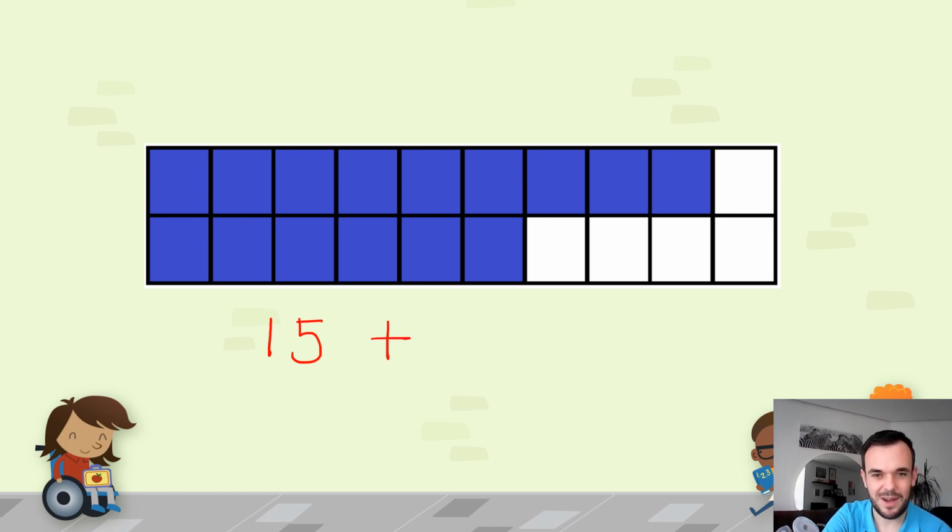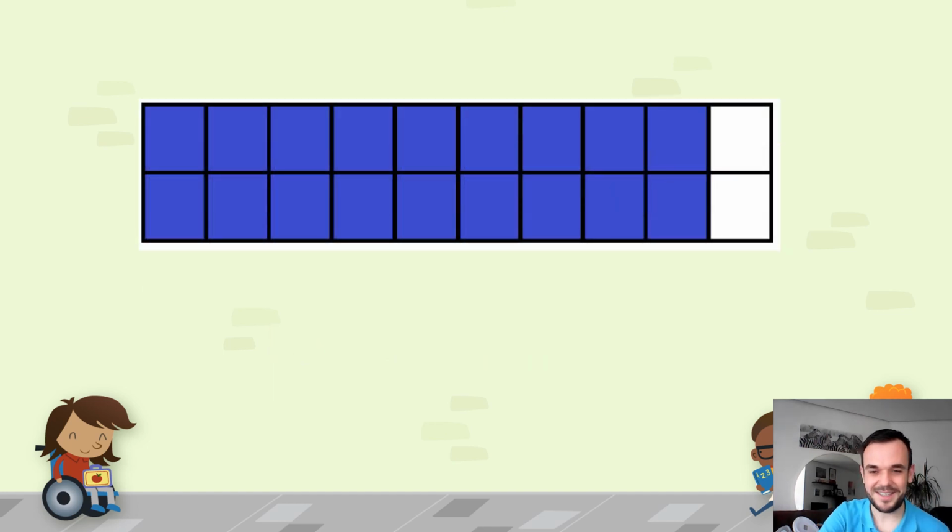So now we need to count the white boxes. 1, 2, 3, 4, 5. There are 5 white boxes, so we can write the number 5. And how many are there altogether? We know there are 20. So our number sentence is 15 add 5 equals 20. Well done.